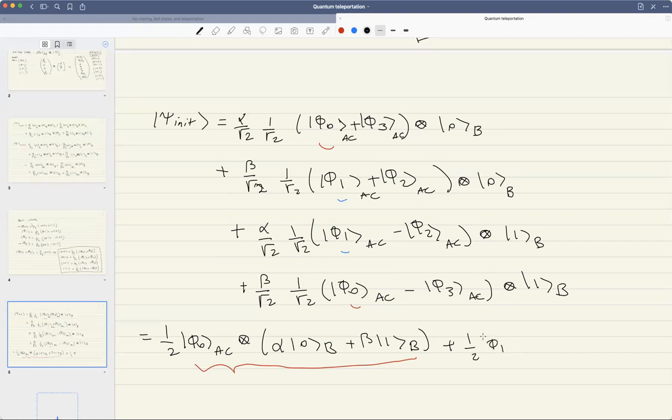Then I write my phi 1. I do the tensor with now here, it has a beta for 0. And then here it has an alpha for 1.